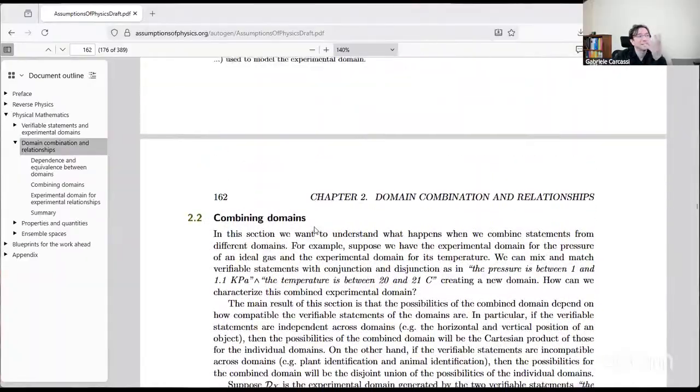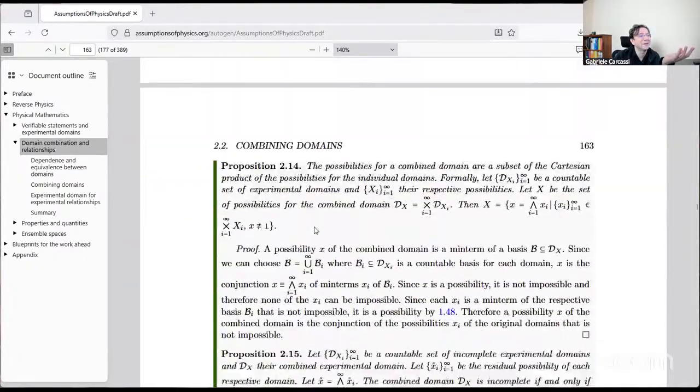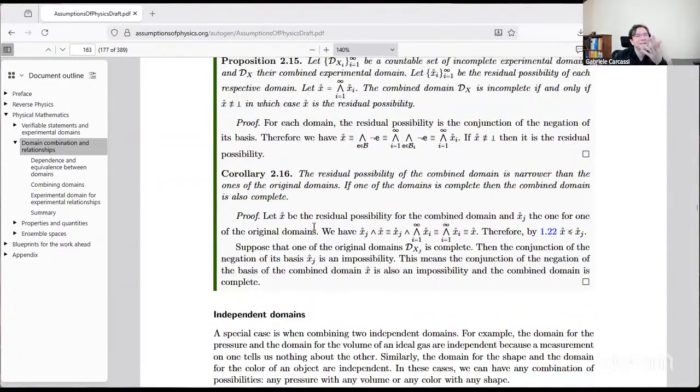And what you will see is that the independent domains become the standard topological product, the incompatible domains become the coproduct, and when you have a dependence, it just becomes a function between two topological spaces.